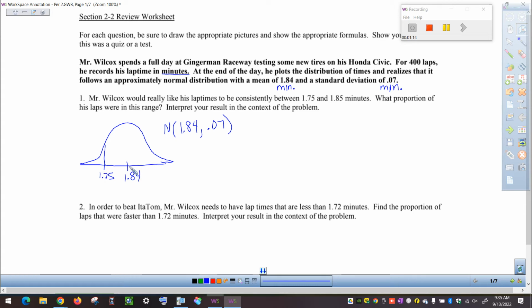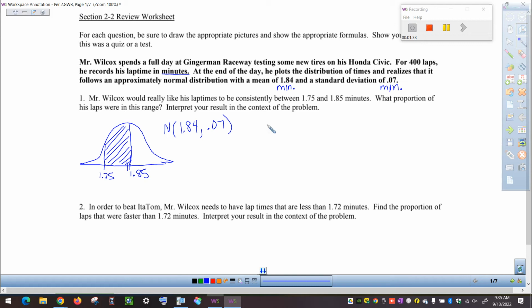And 1.85, that's just on the other side of the mean, of the center. In fact, so I can fit it, I'm just going to keep my little line there in the center for 1.84. 1.85 is going to go up like this, and I'm still going to show that shaded region here. So we are trying to find what percent of the values are between those two endpoints.